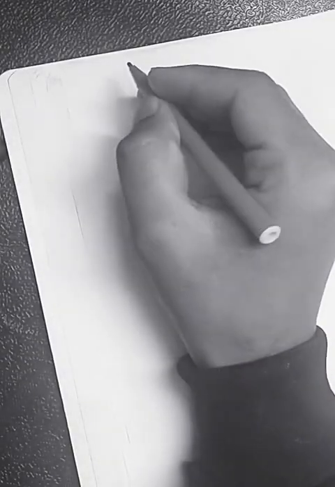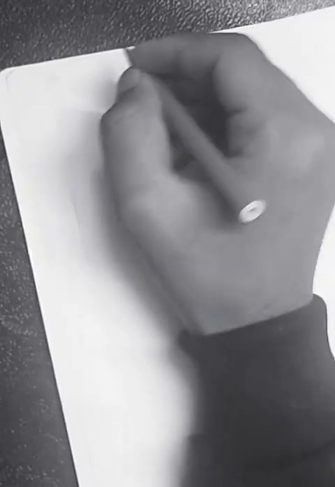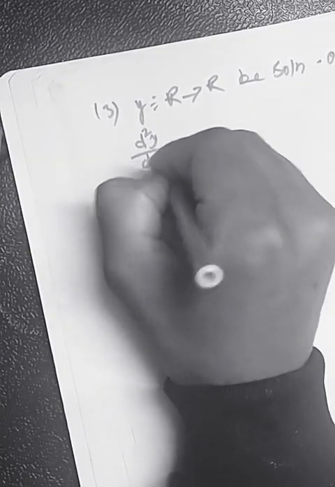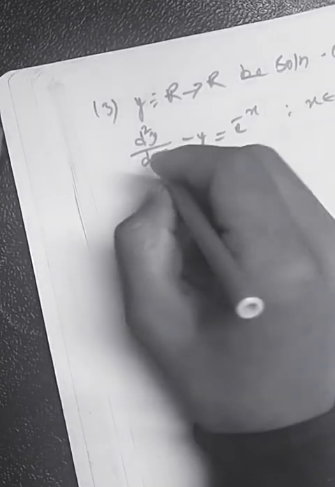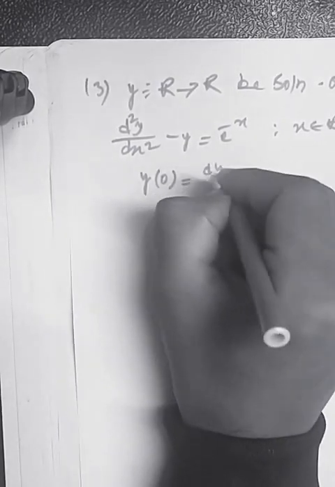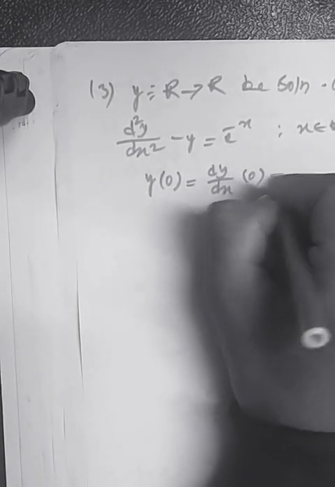So the next problem is question number 13. We are doing a series of problems on the solution of ordinary differential equations. d2y/dx2 minus y is equal to e to the power minus x, such that x belongs to R. Let y be the solution such that y(0) = dy/dx(0) = 0.